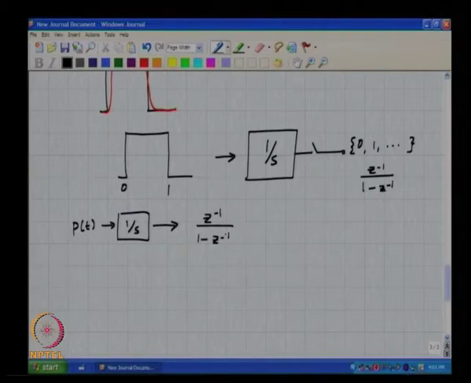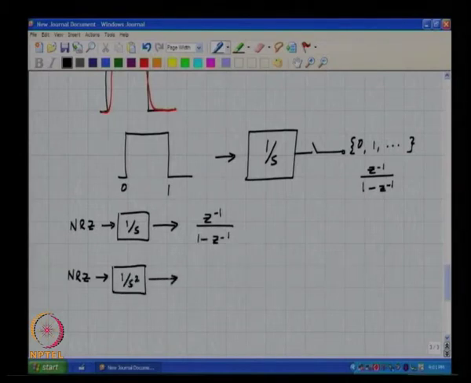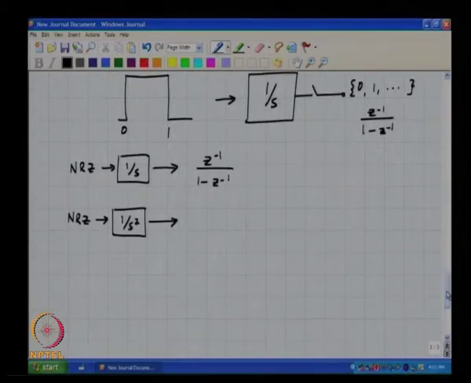Similarly, an NRZ pulse driving 1 by s square gives... It is tempting to say it is Z inverse by 1 minus Z inverse the whole square, but it is not quite right, because you can't take the individual responses and then multiply them.